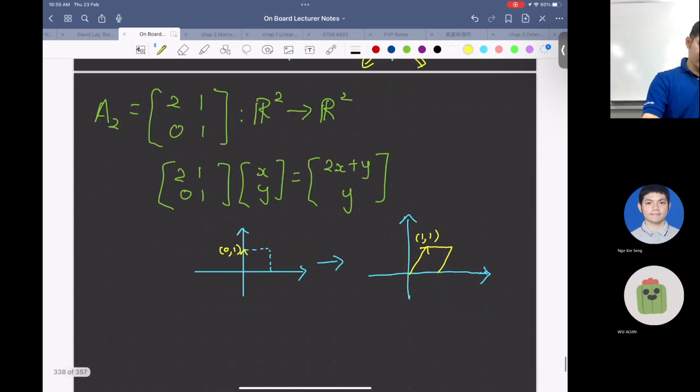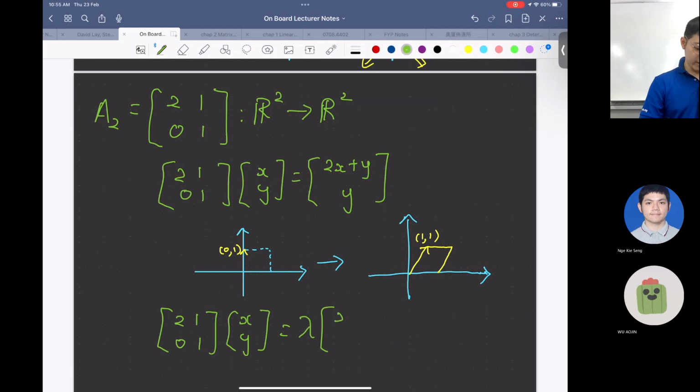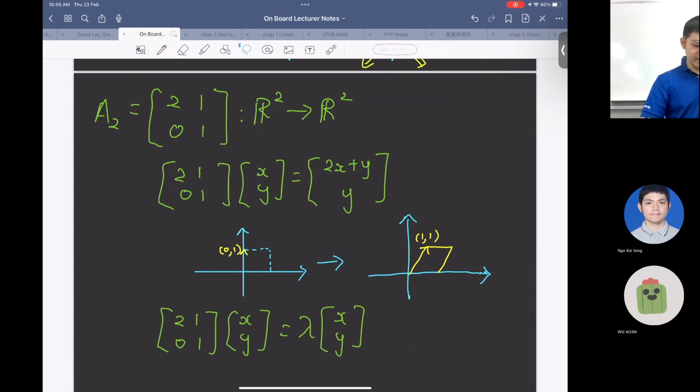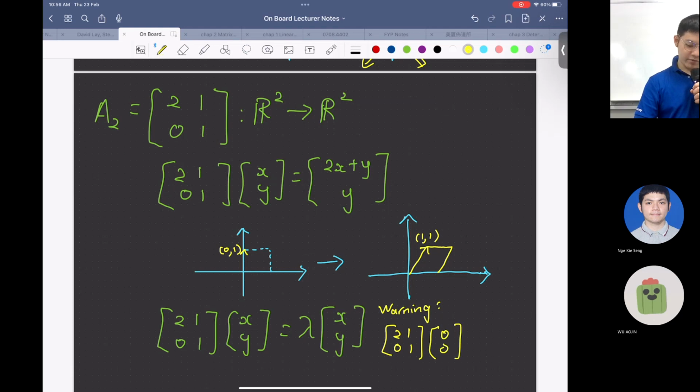Is there a vector such that when you multiply, you get a number times back itself? You cannot tell me 0, 0. Don't say 0, 0, because 0, 0 doesn't fit into this game. If you put 0, 0, I can put any lambda here.